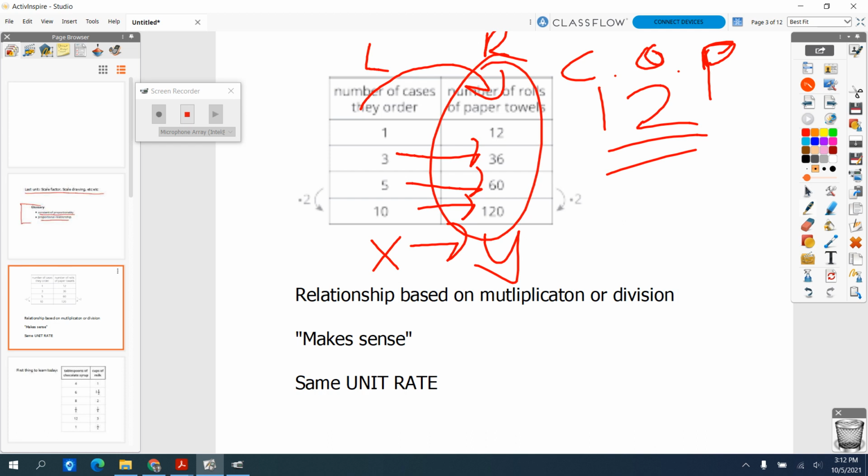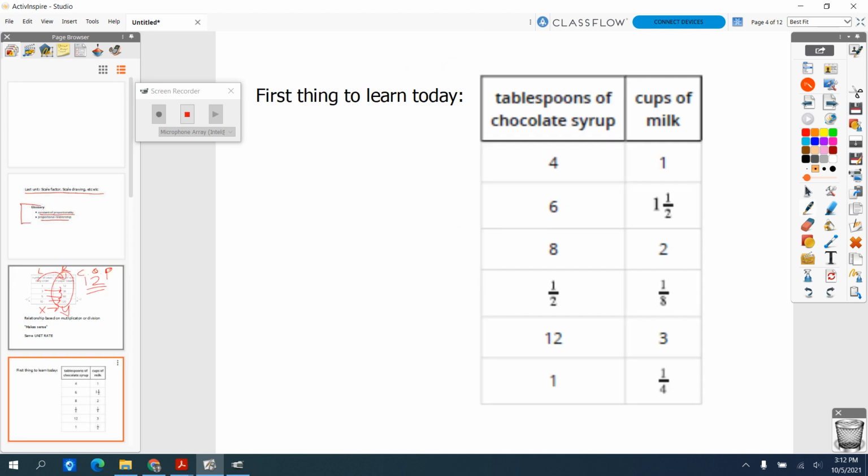All right? So first things first, hopefully you learned what we just talked about, or that's something new. But another thing that we want to talk about first is you might have tables that have fractions in them. And when you have tables with fractions in them, it becomes a little more difficult to fill in the rest of the table.